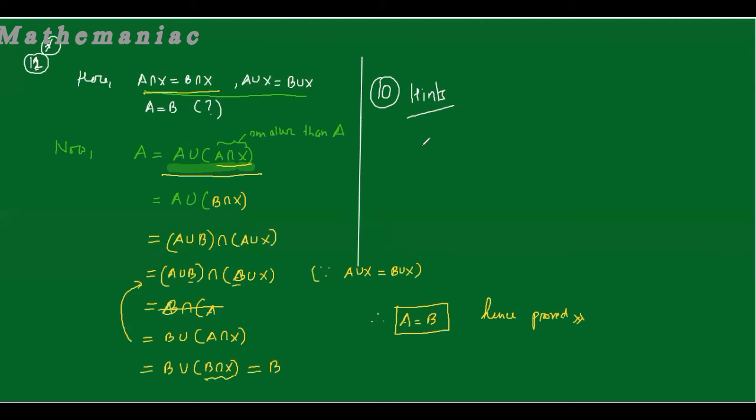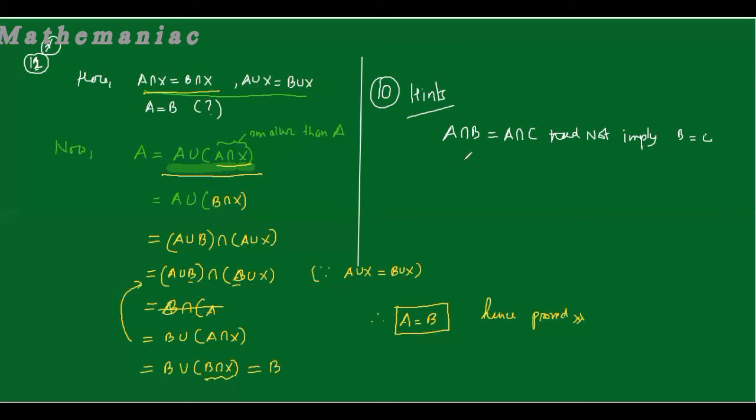They are asking you to show that A intersection B equal to A intersection C need not imply B equal to C.